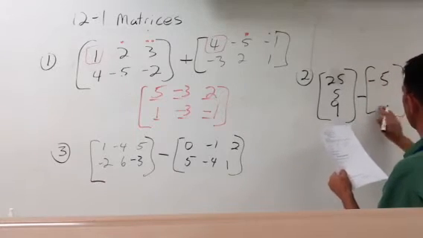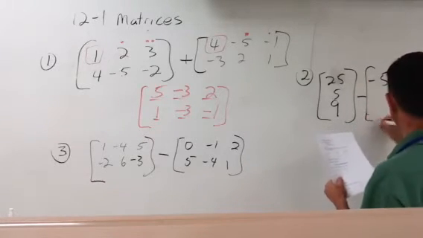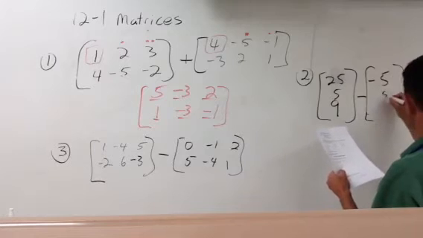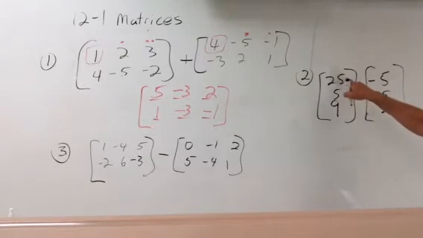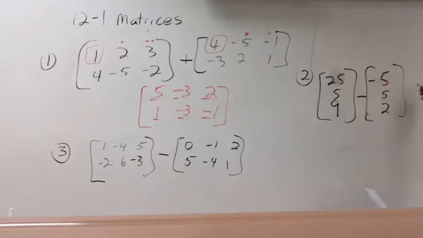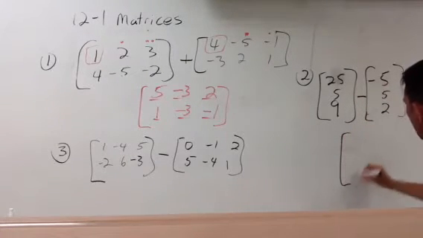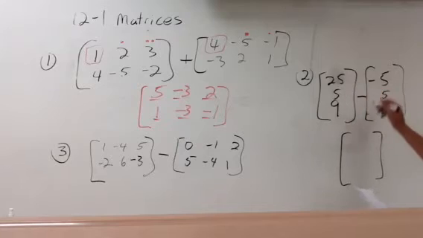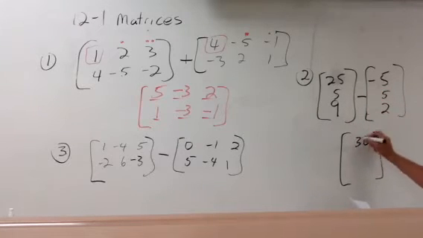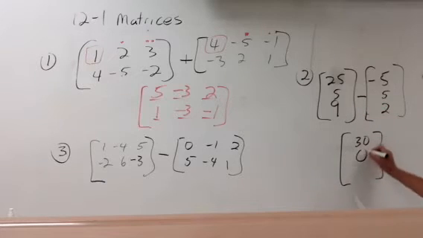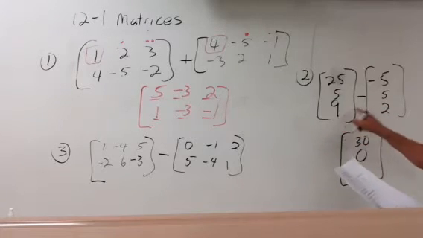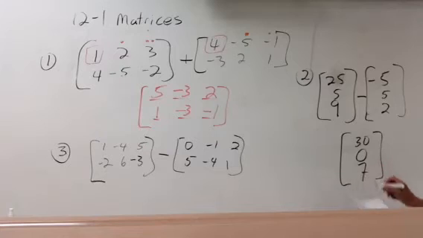Remember, the subtraction goes to every element. So we go 25 minus negative 5, and we end up with 30. 5 minus 5 is 0, and 9 minus 2 is 7. And here's our answer.